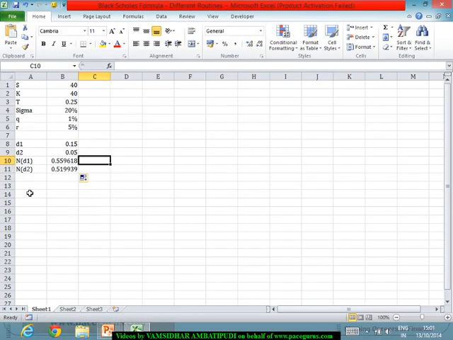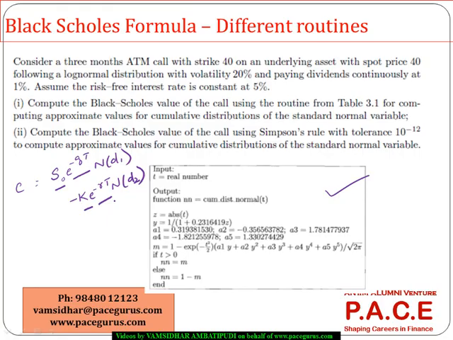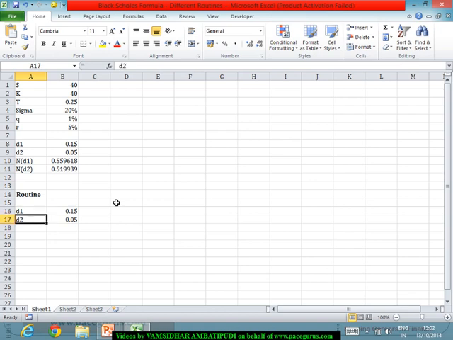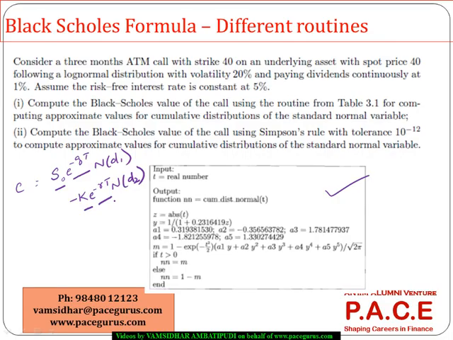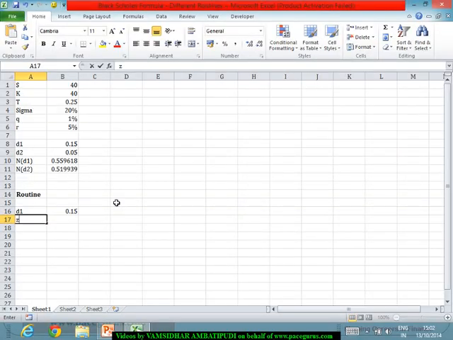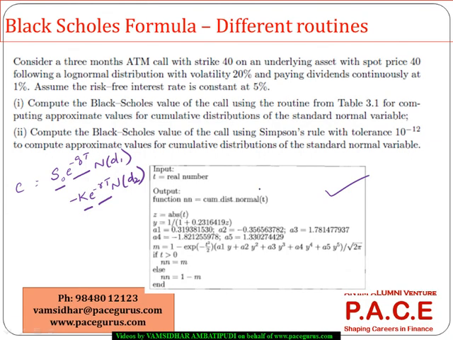Okay, so let me progress first with the routine that has been provided. So I'll take D1. In this case, my D1 is 0.15, D2 is 0.05, right? Okay. So for D1, first let me do it with respect to D1 so that I'll compute ND1. I'll start with D1, which is 0.15. So Z, going with this, we'll go step by step.